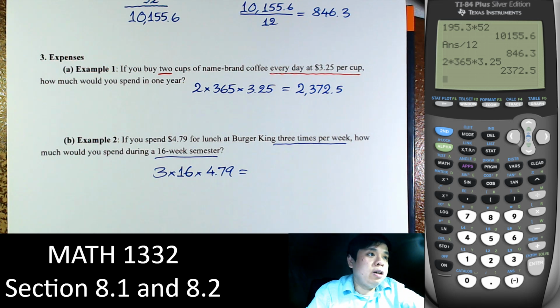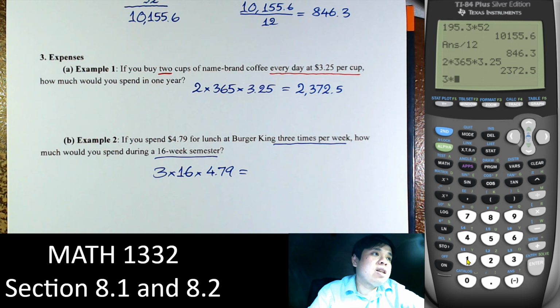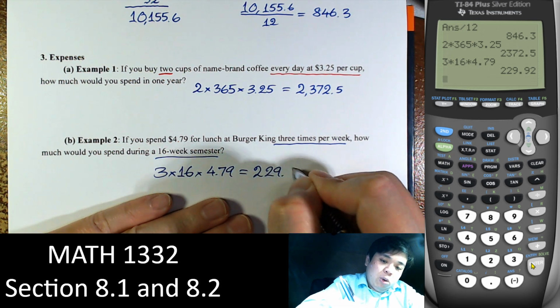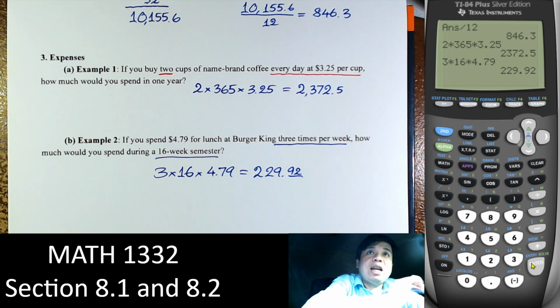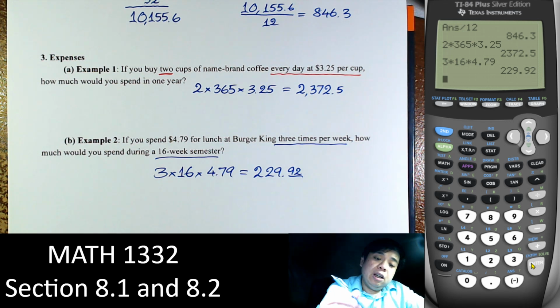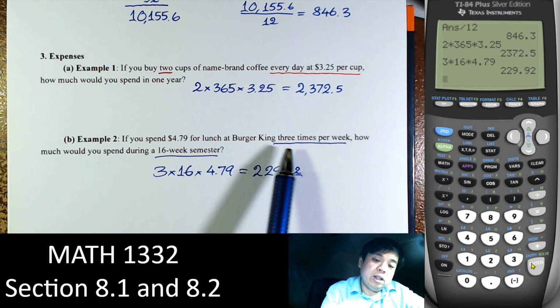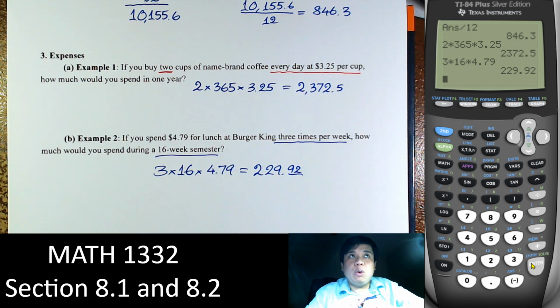So multiply 3 times 16 times 4.79, and we have 229.92. That's how much we spend for a 16-week semester. So 16 weeks and 3 times a week, that's for each. So that's what we get.